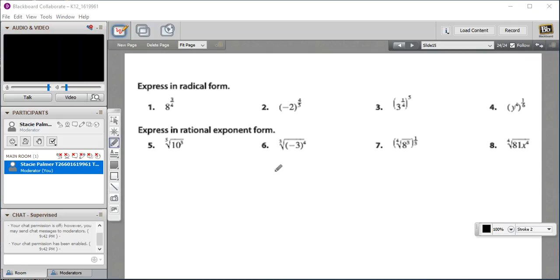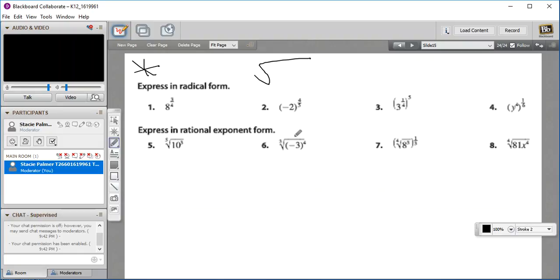What I want you to do is instead of taking a quiz, I'm going to have you do these 8 practice problems for me. And this is what you will turn in to the Dropbox. For questions number 1, 2, 3, and 4, you are going to express in radical form. So that means you're going to give it a radical.